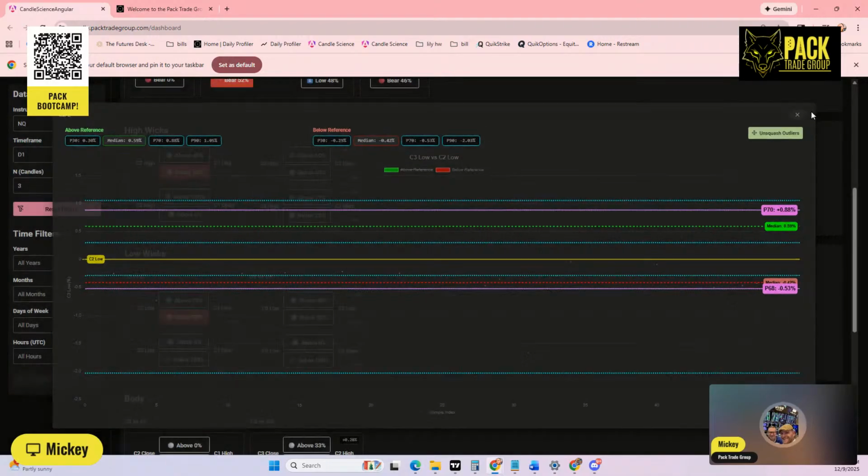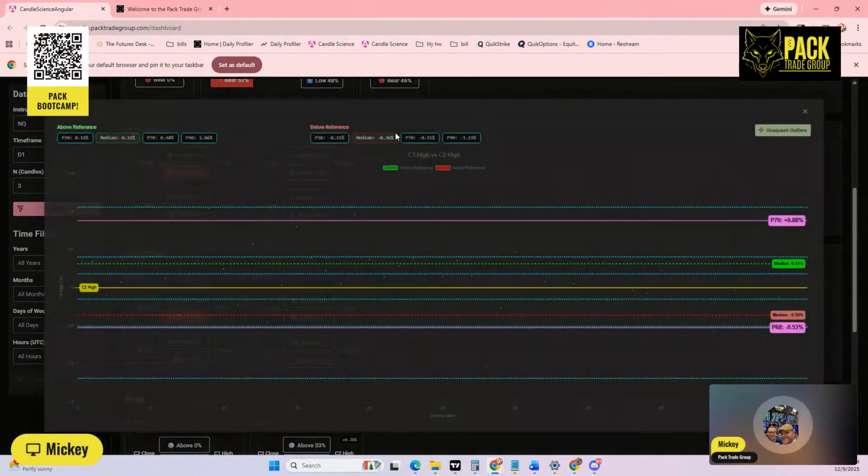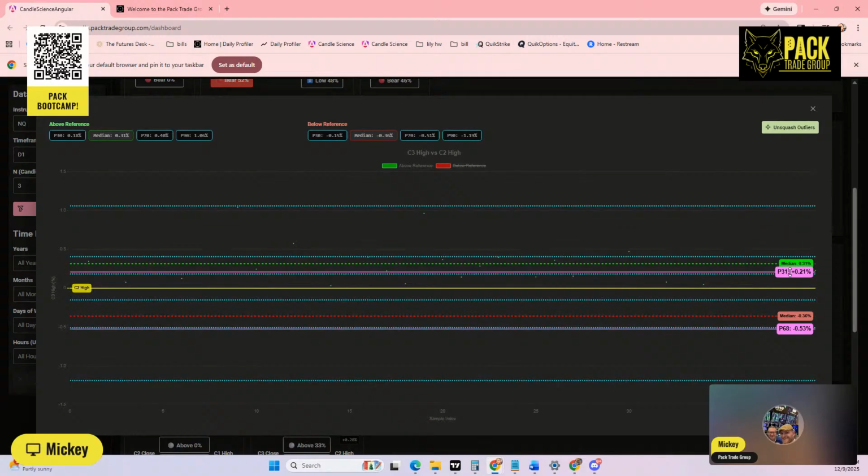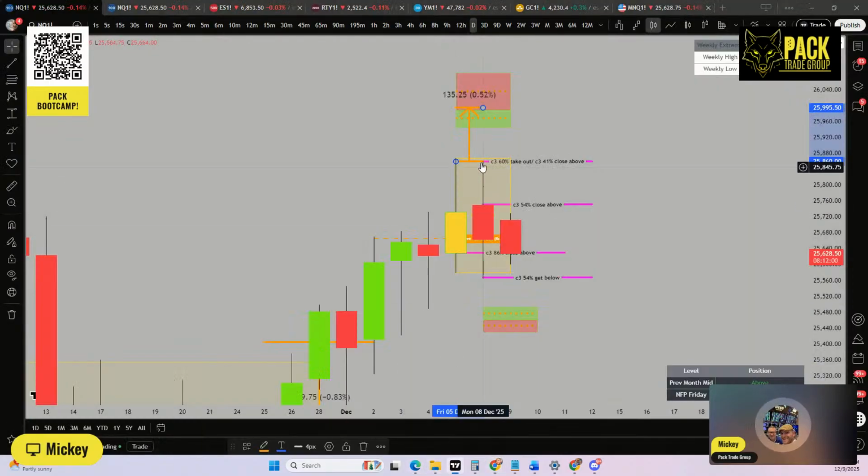All right, so X out of that, click right here. And then same thing, right? This yellow line right here represents the previous day high. And we can see that the 30th percentile is 0.17 and 0.18.